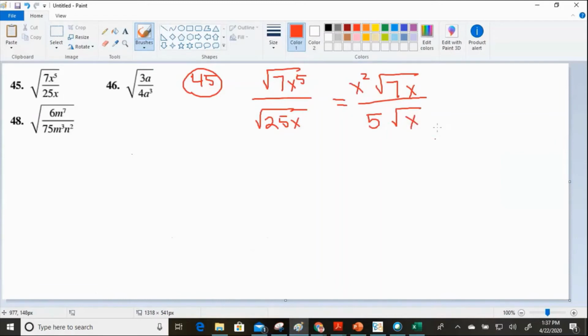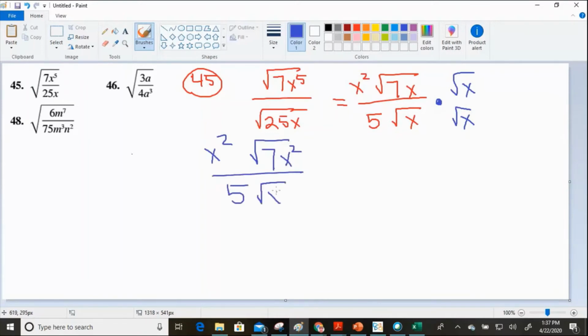So I am going to multiply the top and the bottom by that radical sign, and you'll see what will happen, because if I do that, I have my x squared still out there, but on the inside I have 7x squared, and then on the bottom I have 5 onto x squared.